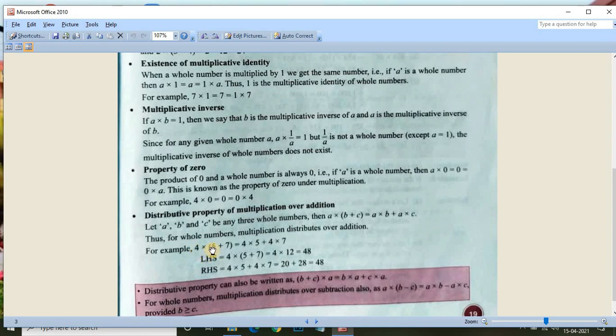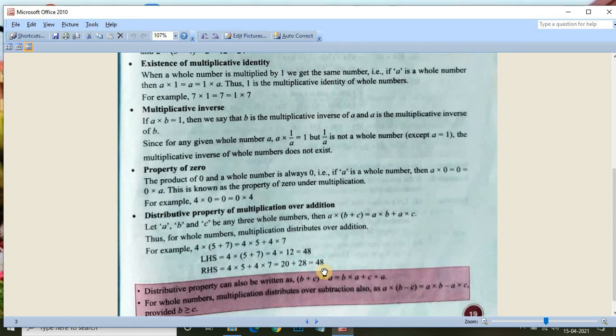As you can see here, 4 into (5 plus 7). Here we multiply 4 into 5, then give the sign of addition, and then multiply 4 into 7. So in both cases, that means LHS and RHS, we get the same answer, that is 48.